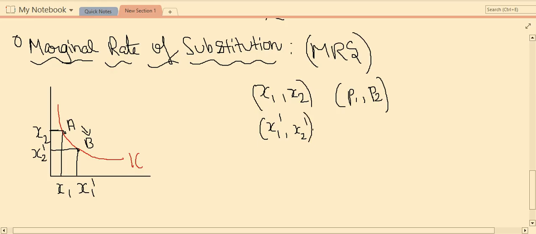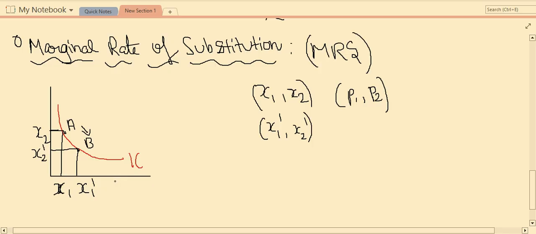Okay, now let us see how we can calculate how much he has sacrificed of x2 to consume more of x1 at the margin. This is what the marginal rate of substitution tells us.